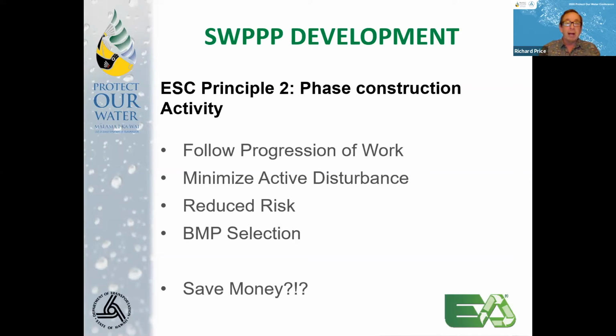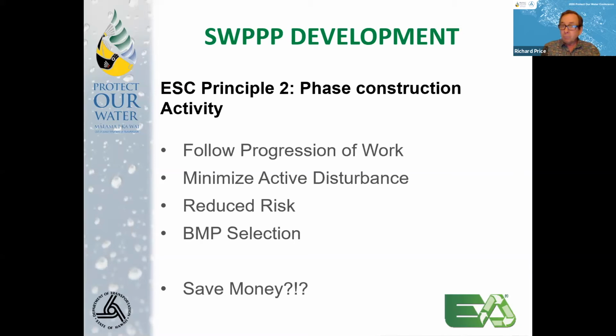He had some really good ideas. In fact, theirs was a continually phased project where they only disturbed 35 feet of work at a time and closed it up every day as they went forward to avoid any kind of sediment discharge from the site.